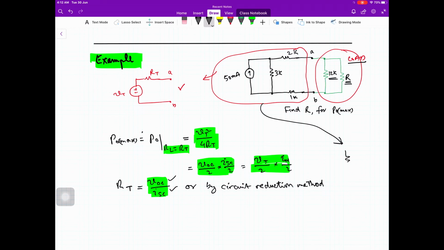Now in the circuit reduction we remove all the sources, and as it is a current source of 50 milliampere we have removed it, means we open circuit this to make the current zero, and then we redraw the remaining circuit, and this is a pair of terminals A and B, and in order to see R Thevenin seen through this pair of terminals, RT is the equivalent resistance. At present all three resistances are in series, so 3 plus 3 plus 5... so this is 6K.